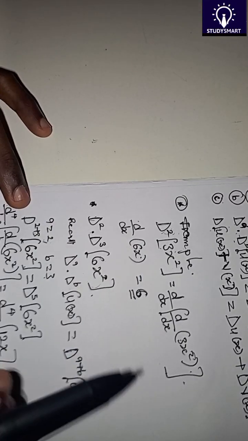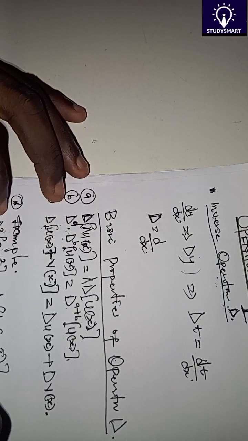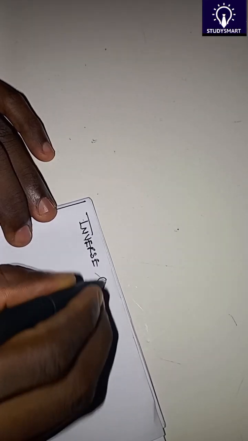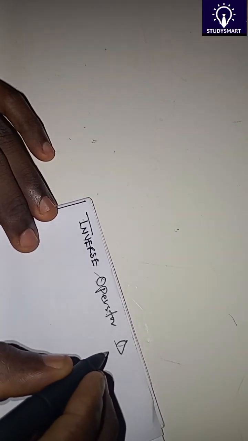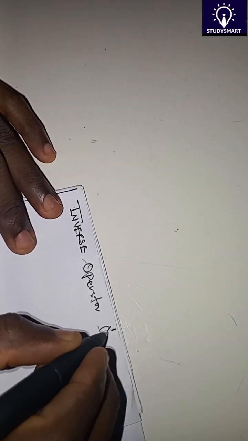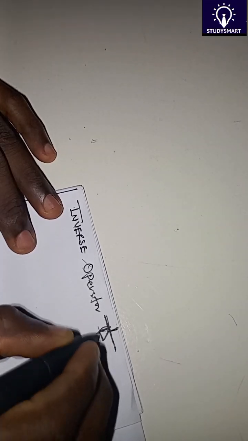Right. So next up here, we're going to be discussing the inverse operator, which is our major area of concern. Right. This is our major area of concern. So I'll just come over here and then I'll put inverse operator D. Inverse operator now becomes 1 over D. Right.